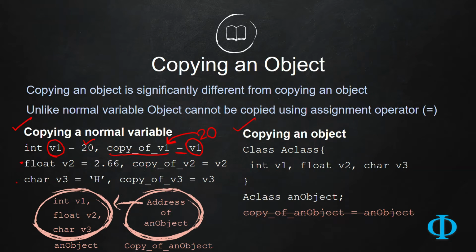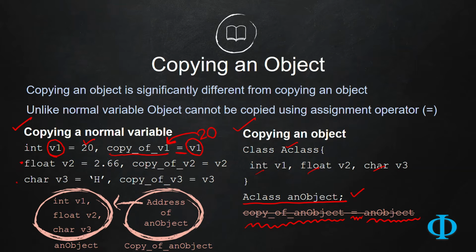Here I have created a class named a class, and inside that class I have created three different variables: int v1, float v2 and char v3. And after the class I have created an object of the class in this line. And after that, I have simply used an assignment operator over here to make a copy of an object.